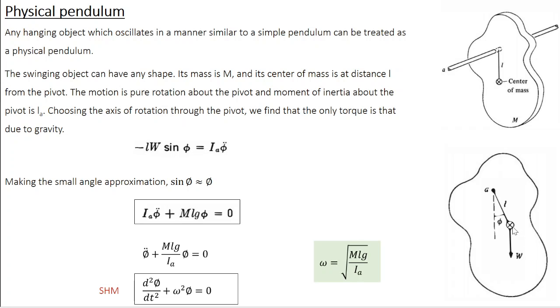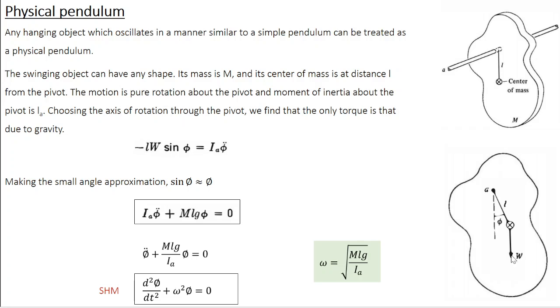So if you look at the force diagram of the center of mass, the weight of the system acts in the downward direction, and you need to calculate the torque corresponding to this particular configuration. So this length is L, so if I call this particular angle phi, then this perpendicular distance is L sine phi, so the total torque is going to be L sine phi W.